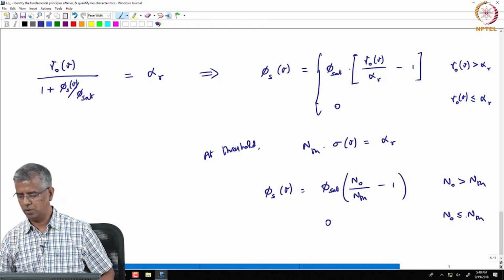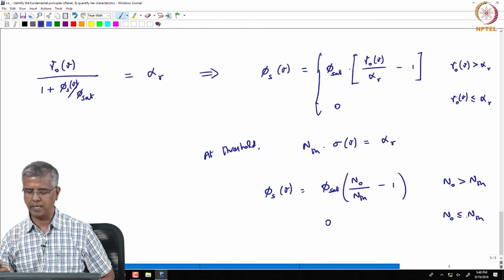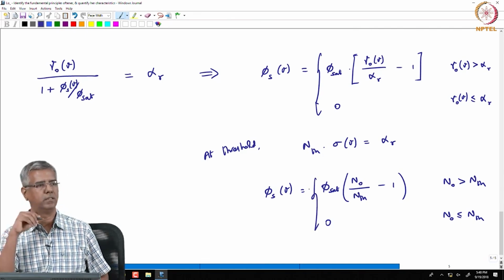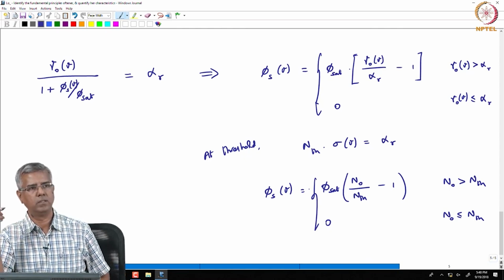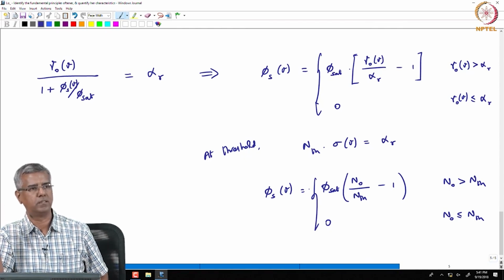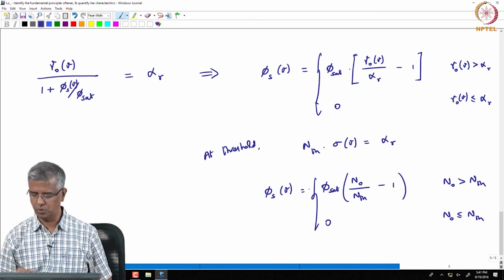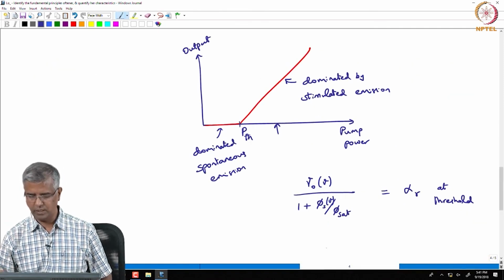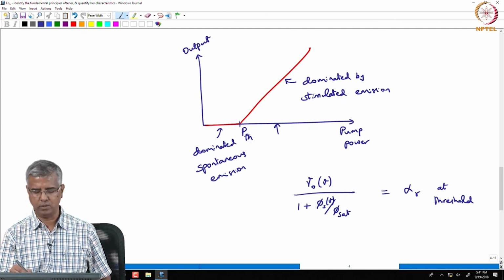So, we are basically saying that there is going to be a sudden change in the signal photon flux around that threshold. Once you reach that threshold condition, you would have a sudden change, and that is what we are showing over here. All that action happens around this threshold.